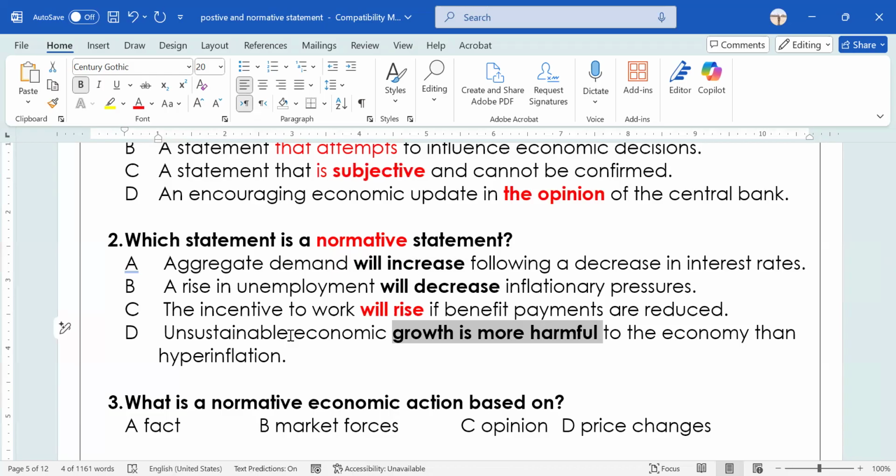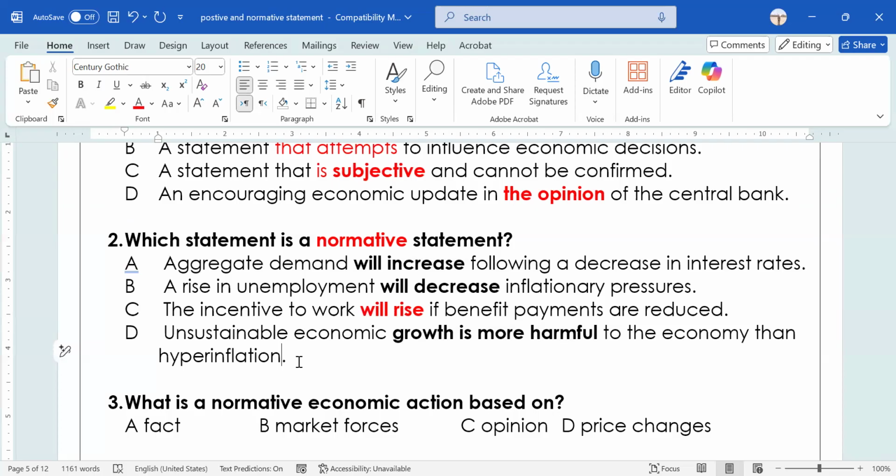And when we say hyperinflation, it means that there's an extremely fast and damaging rise of prices of goods and services. Which means that the term more harmful is a judgment, because saying one problem is worse than the other.